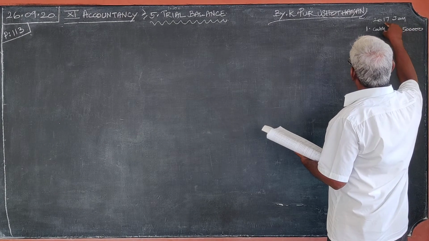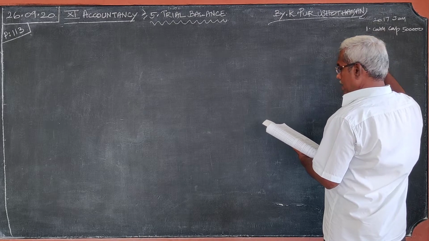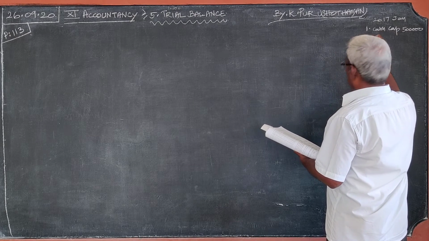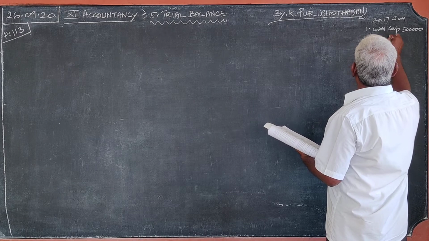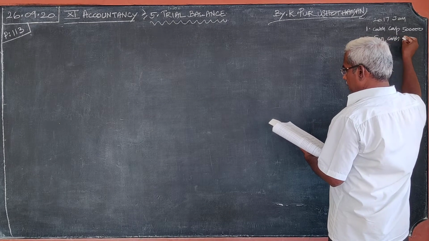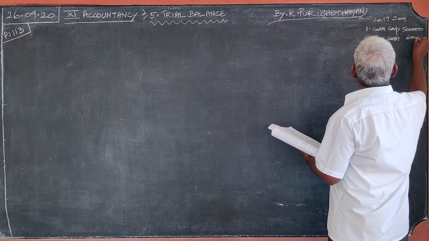This is for my personal use. Then on 5th, furniture, cash. This is 6,000.